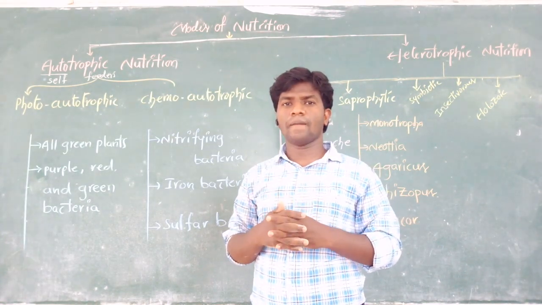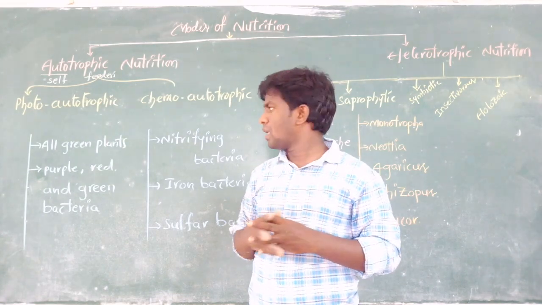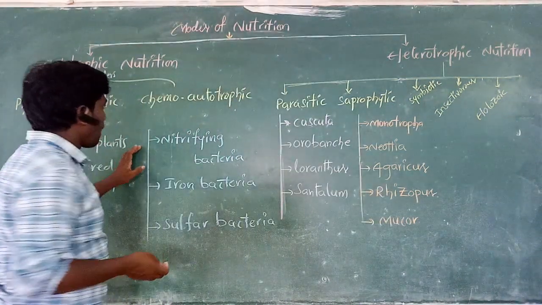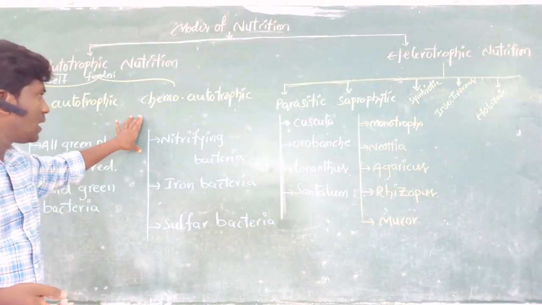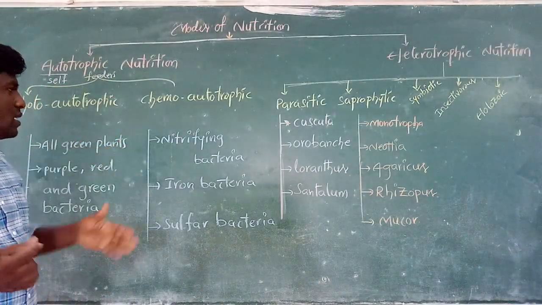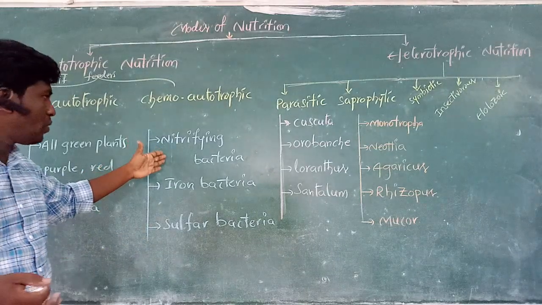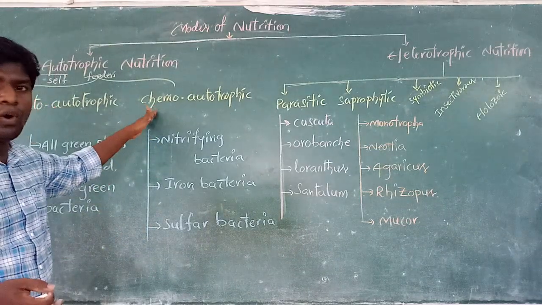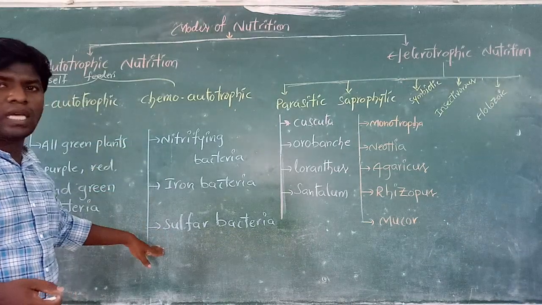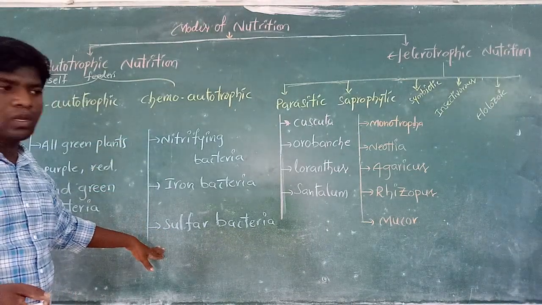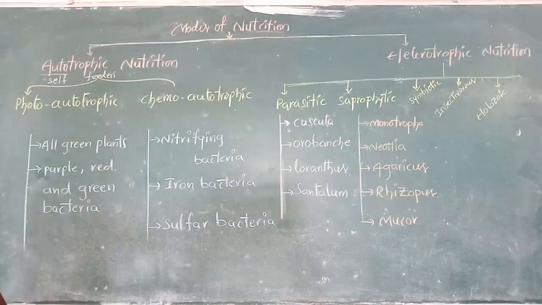And next, chemoautotrophic nutrition. Chemo means chemical. The chemical synthesizing takes place. Examples of chemoautotrophic nutrition: nitrifying bacteria, iron bacteria, sulfur bacteria. Listen carefully.